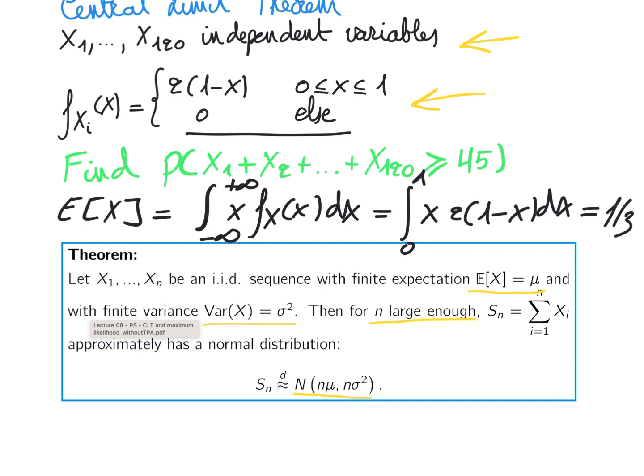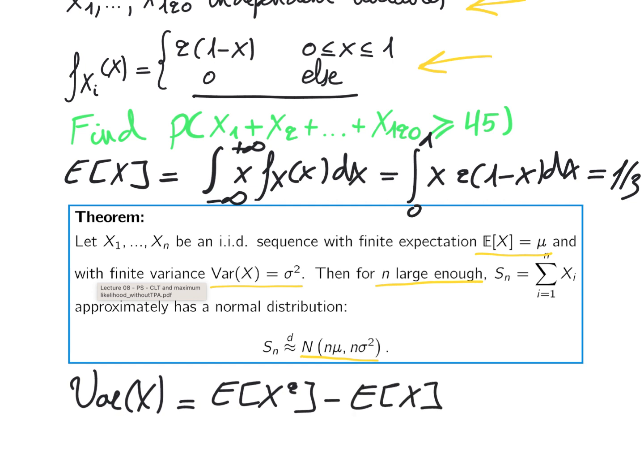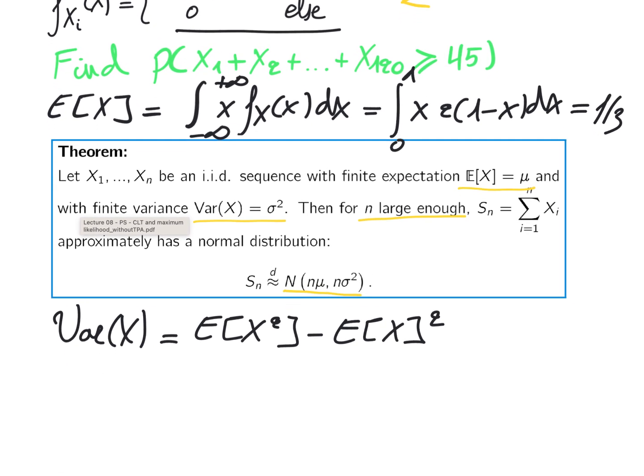Now the variance. Well, we already have the expectation, and hopefully you recall that the variance of a variable is the expectation of x squared minus the expectation of x, squared. We already know what the expectation of x is, so we just need to compute the expectation of x squared.